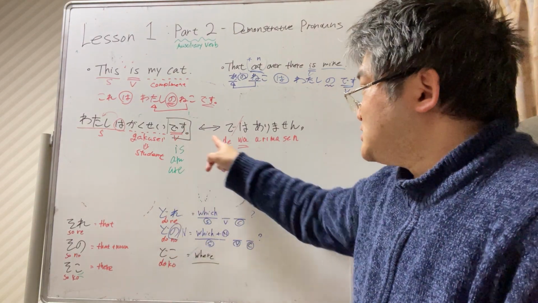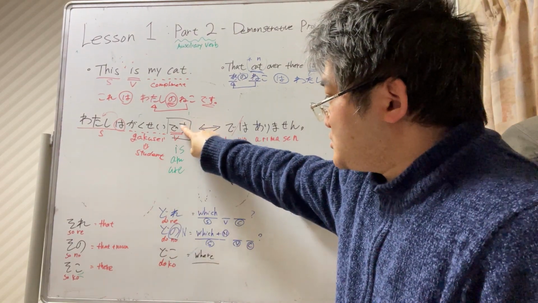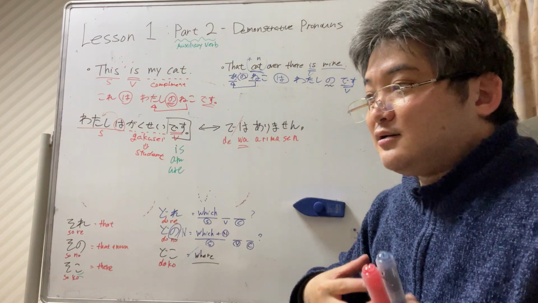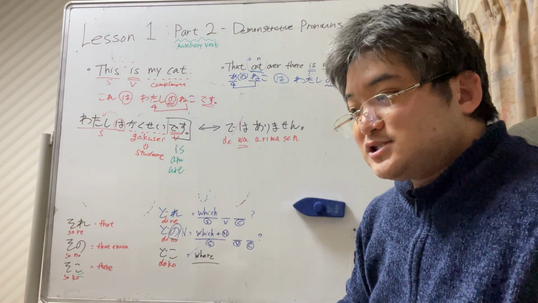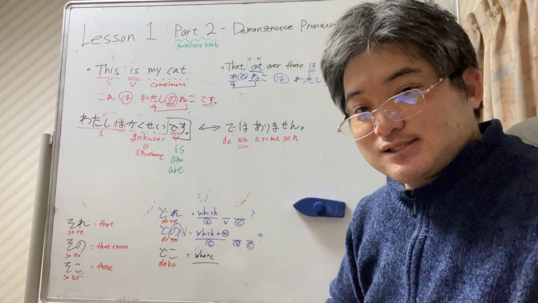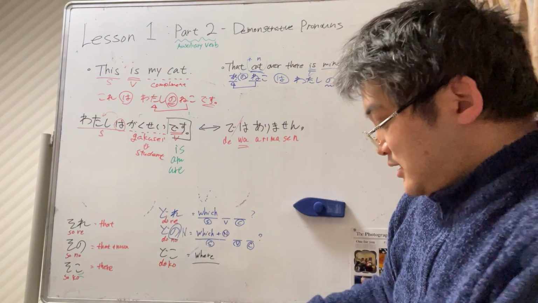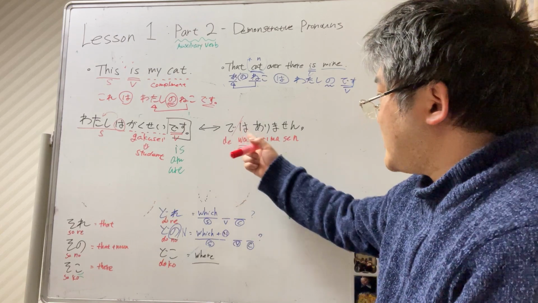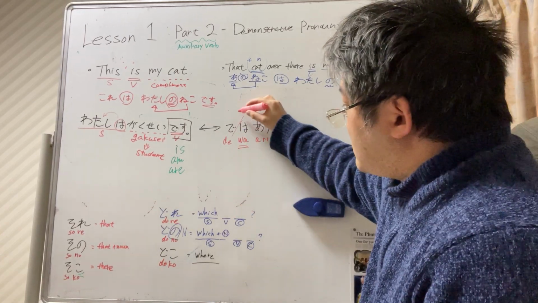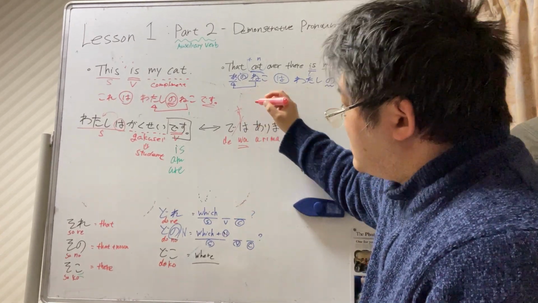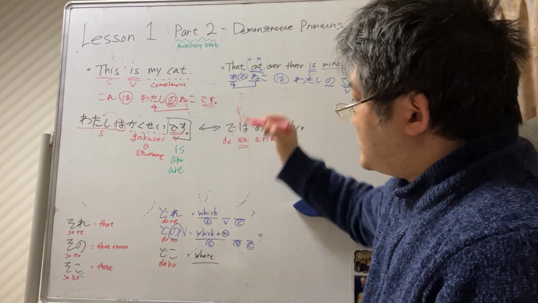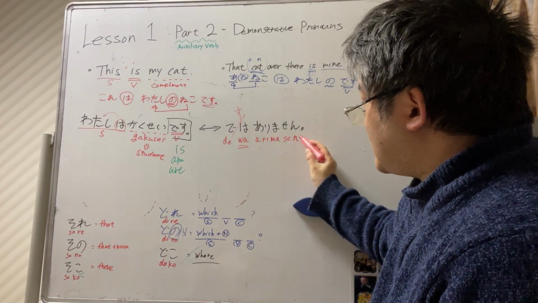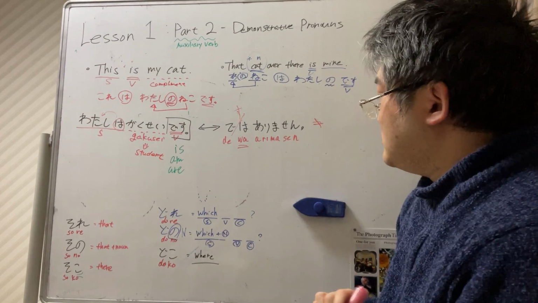Once you change here, this su does the work to substantiate or actualize the entire sentence. Instead of ending with desu, which is the positive, wa arimasen is basically not.